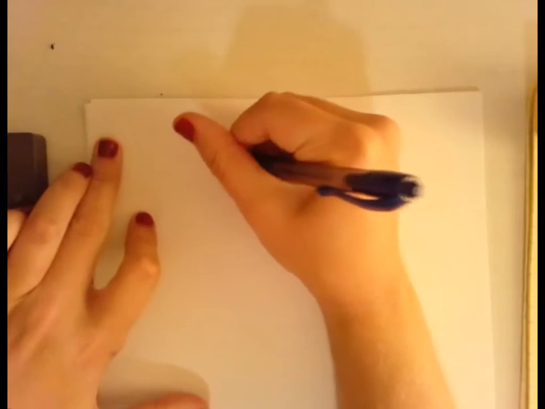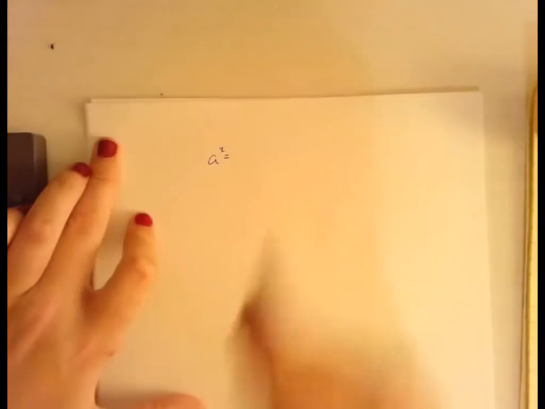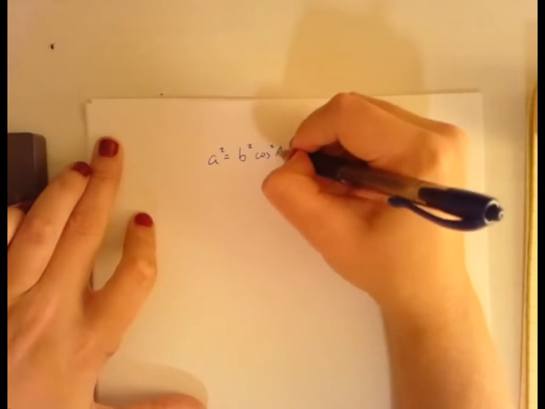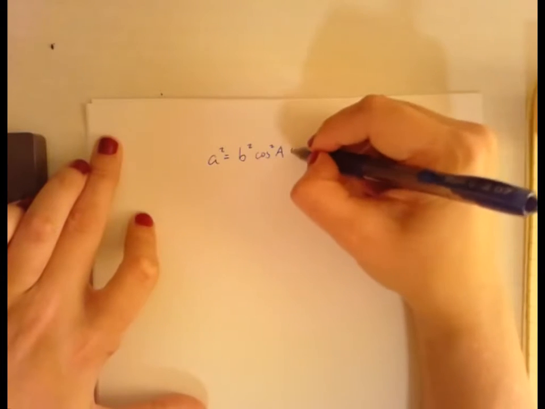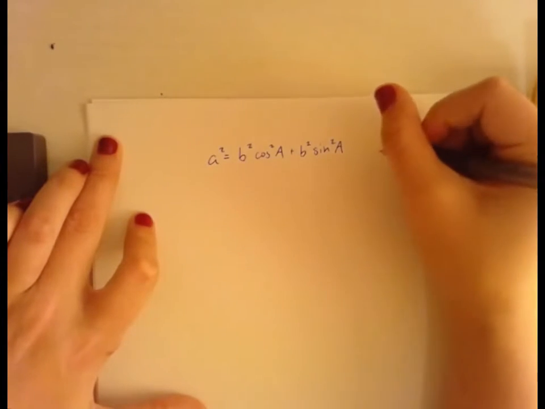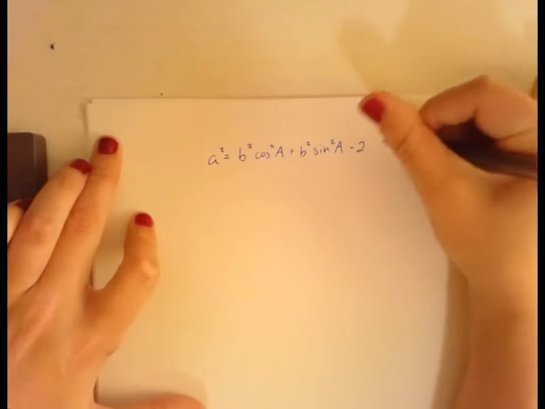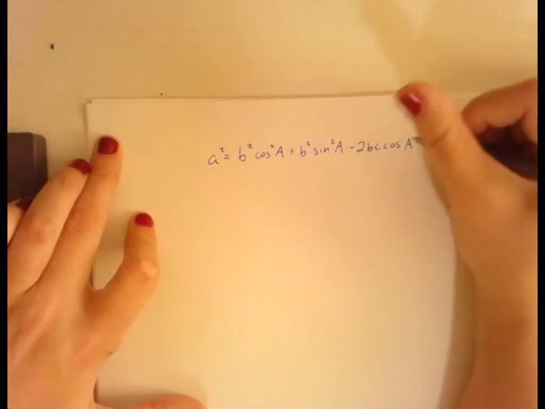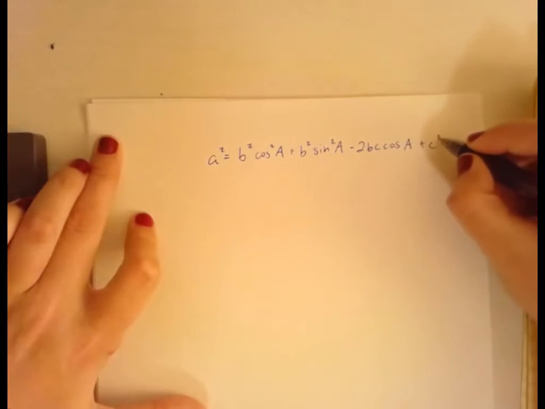So we can say a squared equals b squared cosine squared a plus b squared sine squared a minus 2bc cosine a plus c squared.